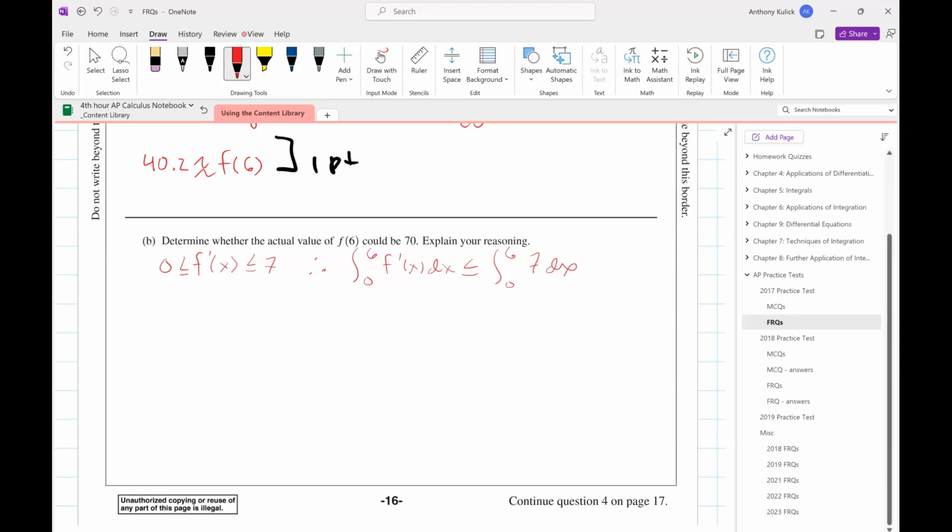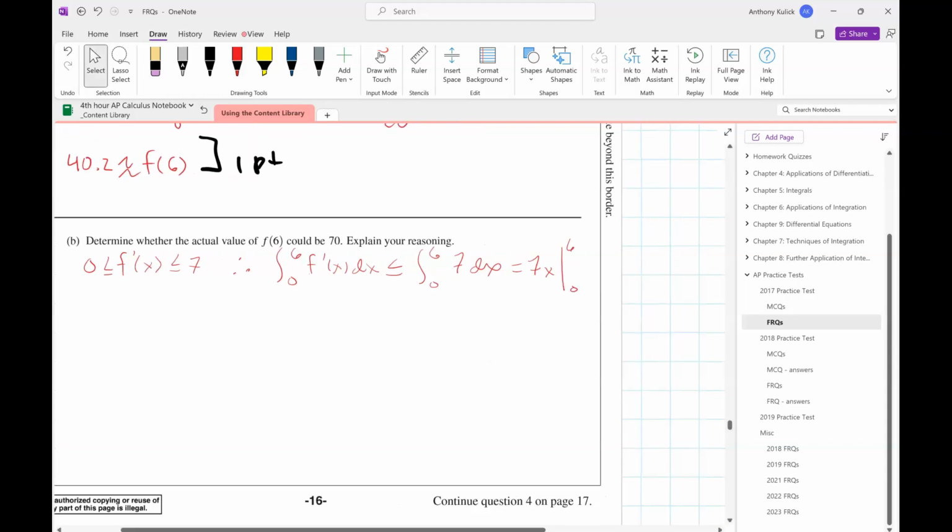What's the antiderivative of 7? 7x. And if I evaluate from 0 to 6, I get 42, right? And I know that this could also be f of 6 minus f of 0.